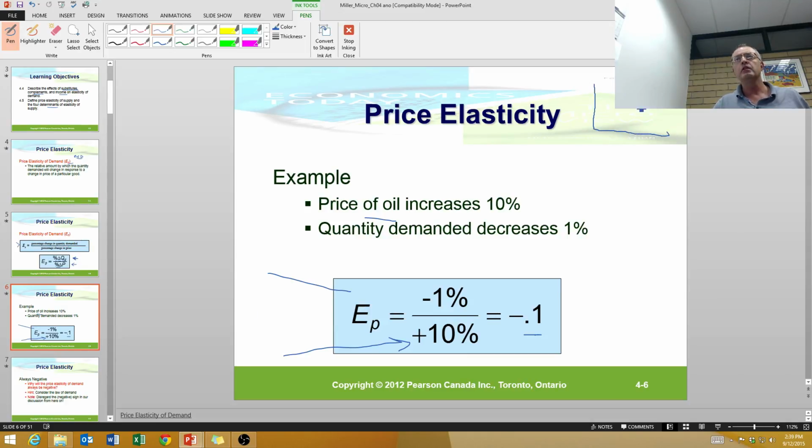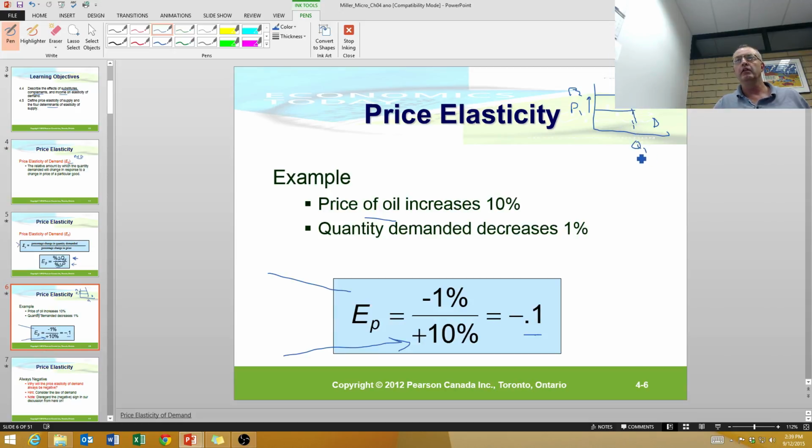But anyways, the point is, as the price of oil increases, here's our demand curve for oil. As the price increases, here's P1, and here's P2. Of course, according to the law of demand, if our price increases, then our quantity demanded has to decrease.